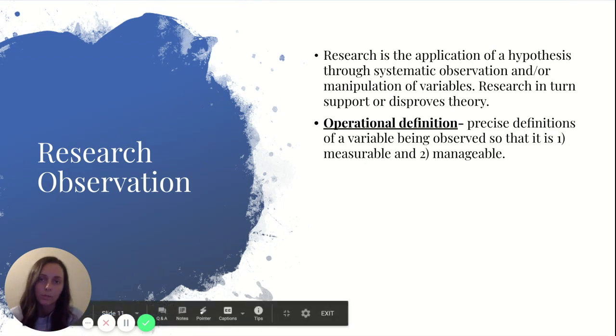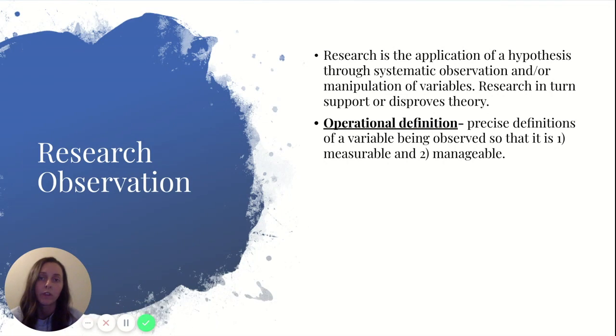So for example, if I want to measure happiness, like happiness is one of my variables, how am I going to operationally define that so people can replicate my experiment? Because happiness is really vague.